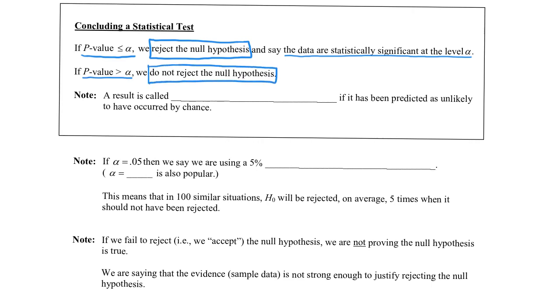And a little note here is the result is called statistically significant if it has been predicted as unlikely to have occurred by chance. So we've got a couple of notes here. If alpha equals 0.05, then we say we are using a 5% level of significance.